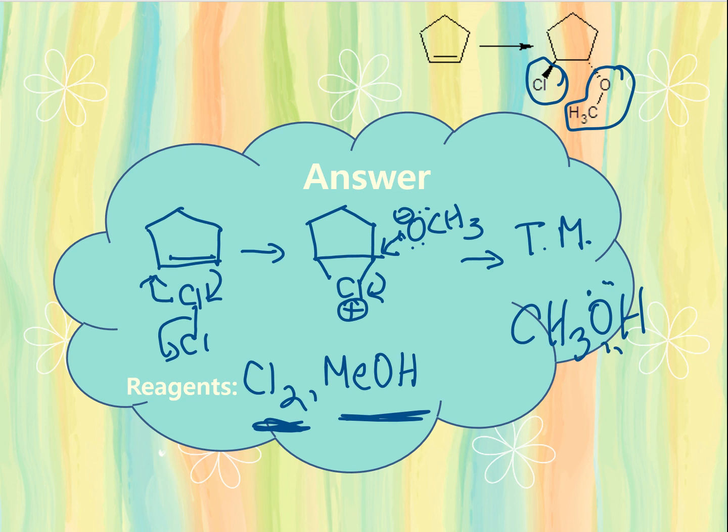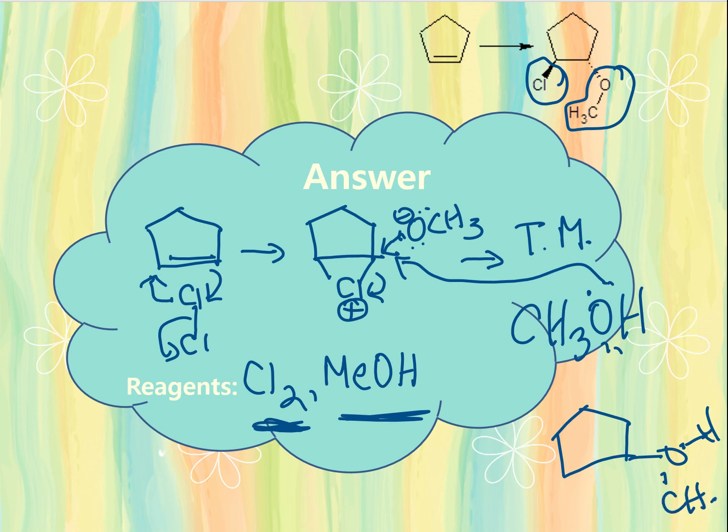We could have drawn our alcohol instead, and the product of that would have been protonated, and then we could have another molecule of methanol pulling that proton and quenching that positive charge.